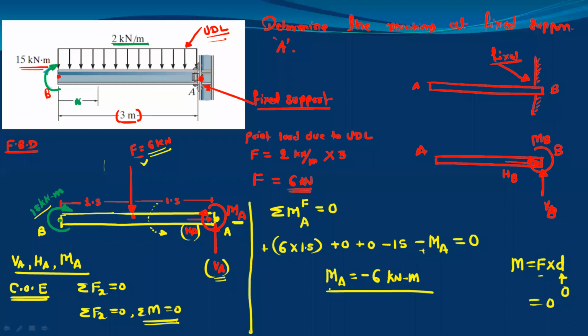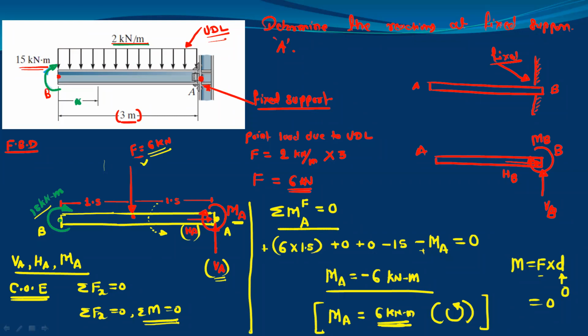Therefore we should get a positive answer for MA. But as the answer is negative, that means our assumed direction is wrong, so we will correct that. MA is equal to 6 kilonewton meter, and its actual direction is anti-clockwise. If you consider anti-clockwise here, then you will get the positive answer. If you want, finally you can correct the free body diagram and show the moment to be anti-clockwise. Do not solve the problem again, just change the direction. So this is your final value of moment and its correct direction: it is anti-clockwise at point A.